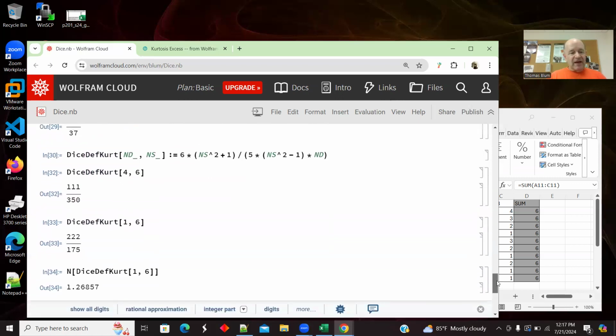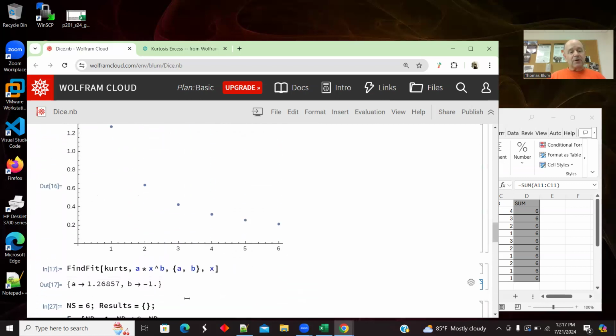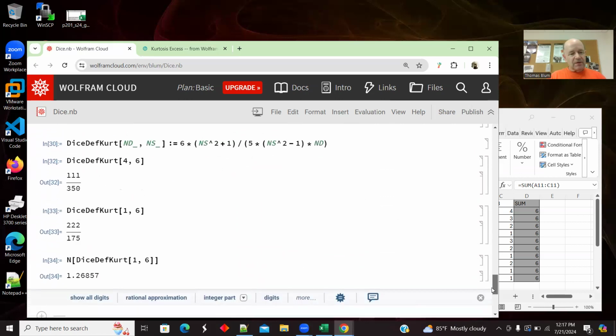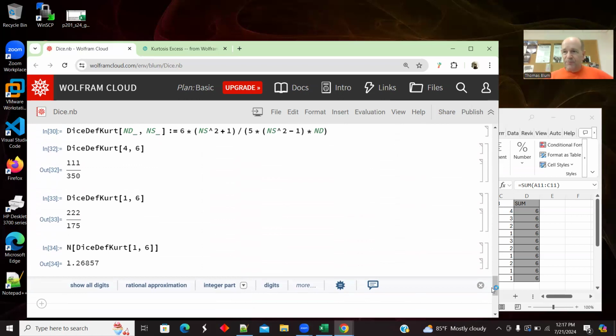But if I take that up to here, this was my fit, and it was 1.26857. I didn't put the fit and the data together, but it would have been a perfect fit because the behavior on ND is just a power of -1, and this was the coefficient which it had.